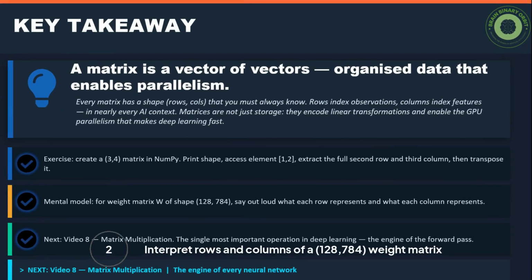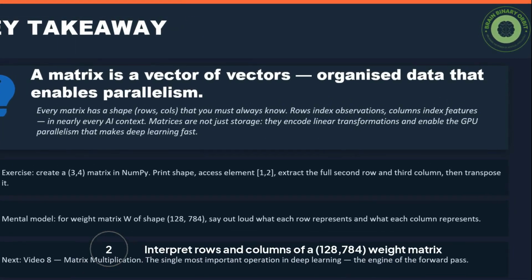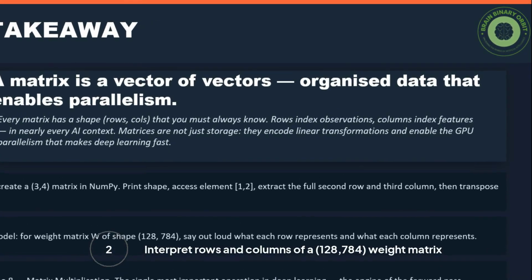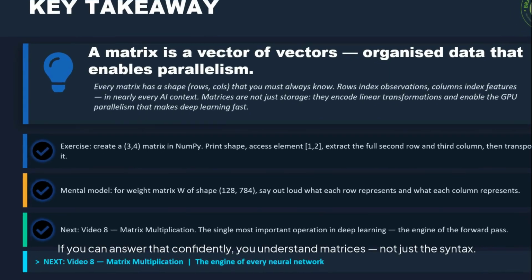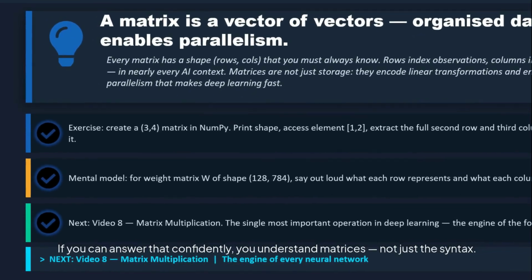Then for a weight matrix of shape 128, 784, say out loud what each row represents and what each column represents. If you can answer that confidently, you understand matrices, not just the syntax.